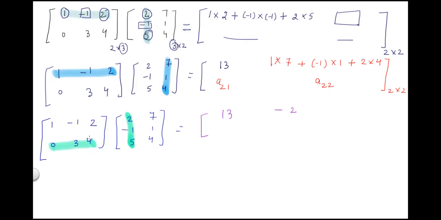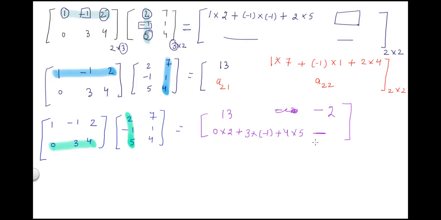So you multiply 0 with 2, what do we get? 0 cross 2 plus 3 cross minus 1 plus the next one is 4 cross 5, right? And we need the fourth element still. So the second element I'm writing here. So we have 13 and minus 2, and this will give us the third element.